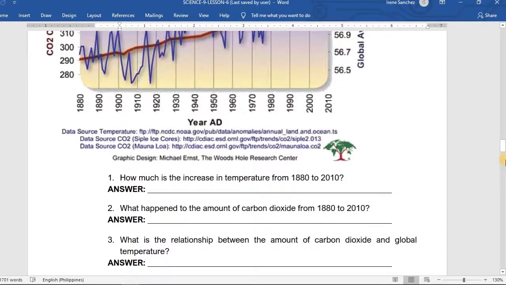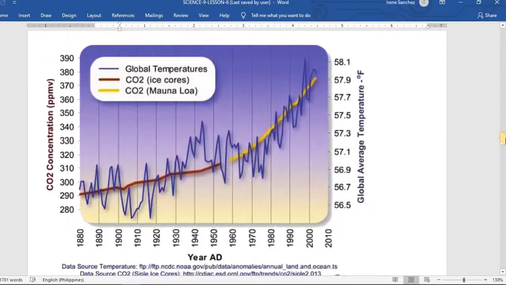For example, how much is the increase in the temperature from 1880 to 2010? Where are the temperature lines?